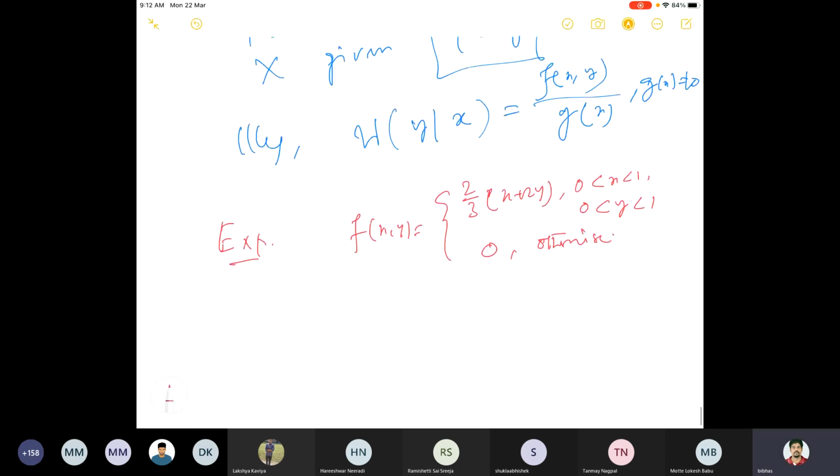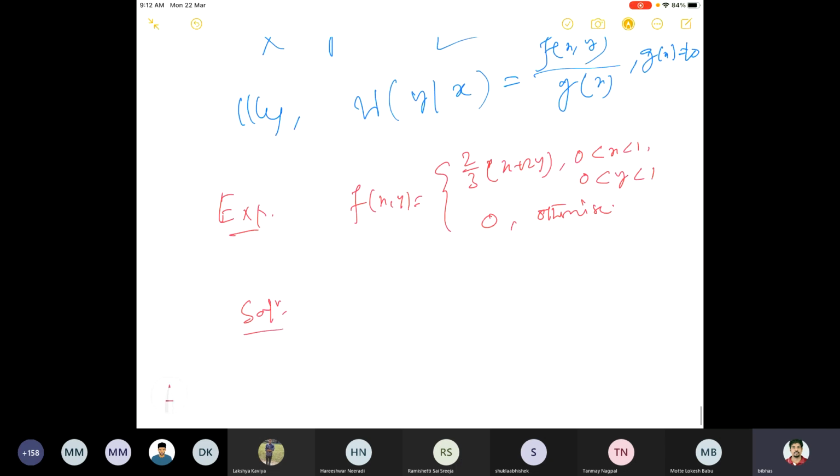Okay, so I want to find out the conditional distribution. For that, first of all, I need to find out the marginal distribution. What is the marginal distribution of x? g(x) is nothing but the integral from minus infinity to infinity of f(x,y) dy.